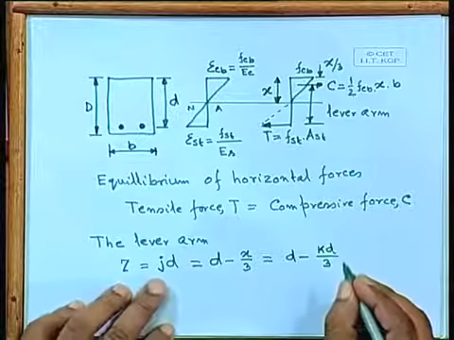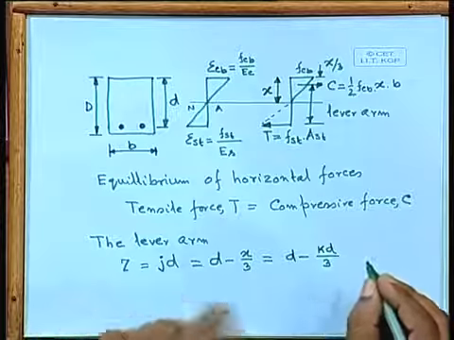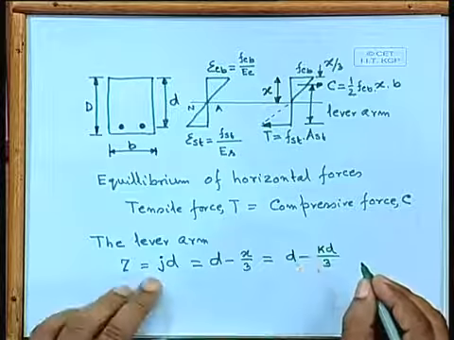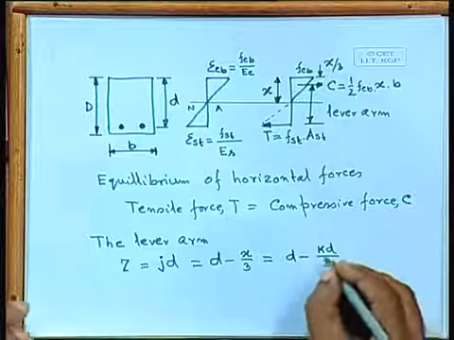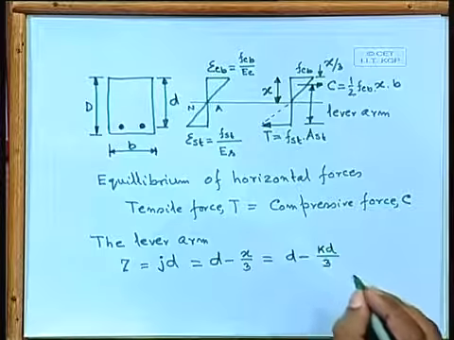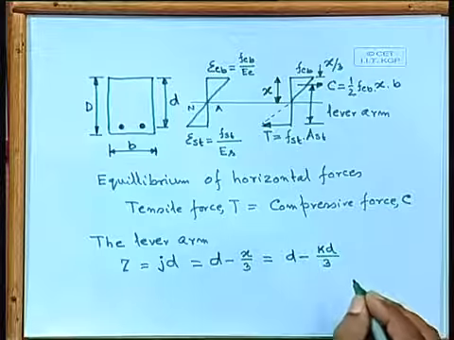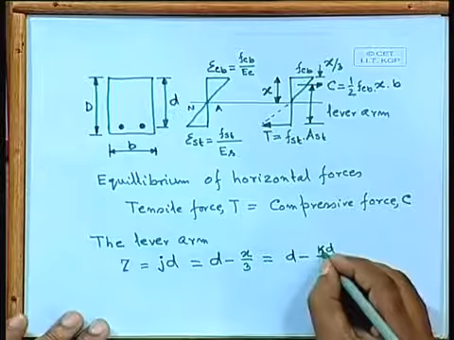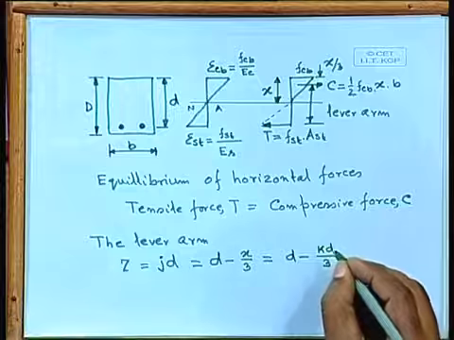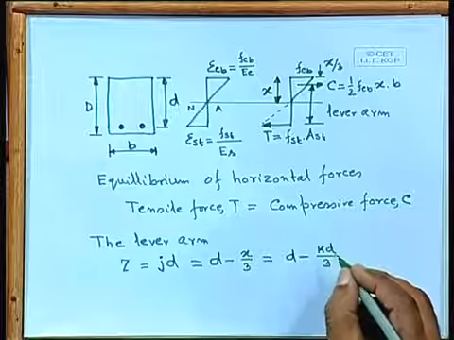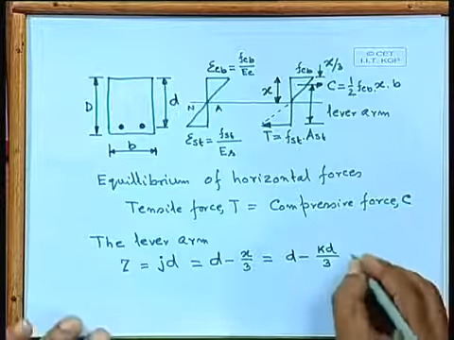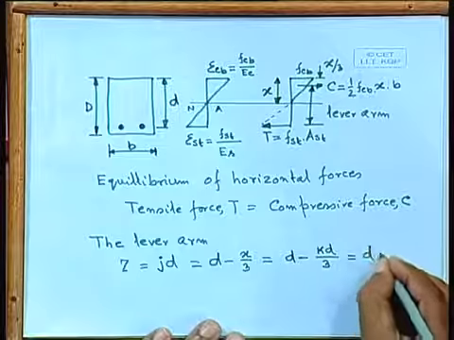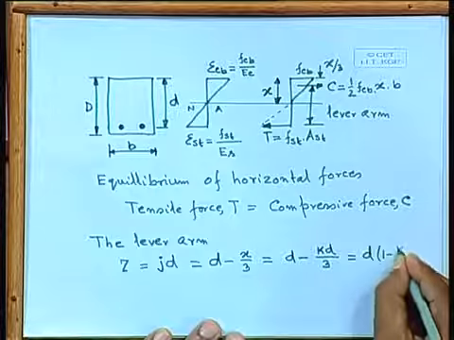So first we have considered j, and another coefficient we are considering is k. So jd is the lever arm, and kd is the depth of the neutral axis. We do not know k, neither do we know j, but we can write it as d times 1 minus k by 3.